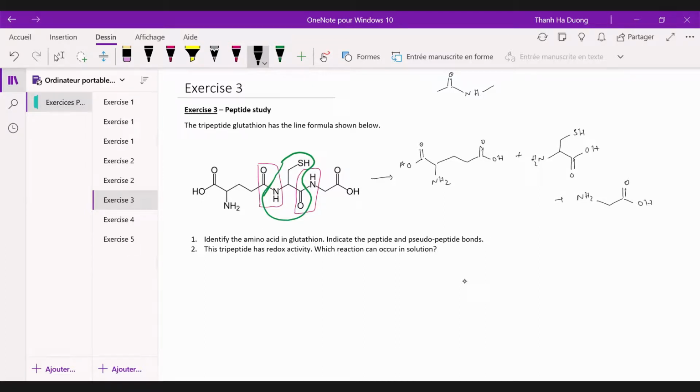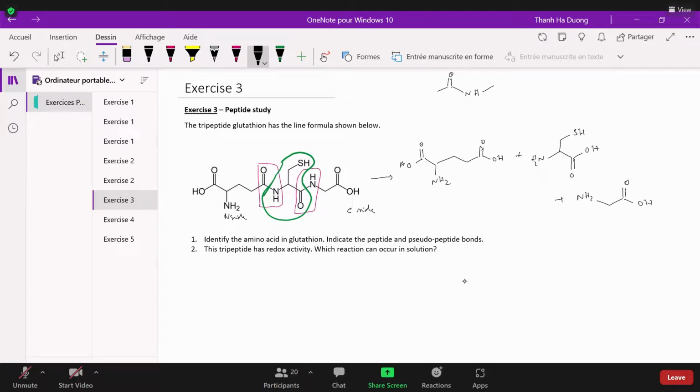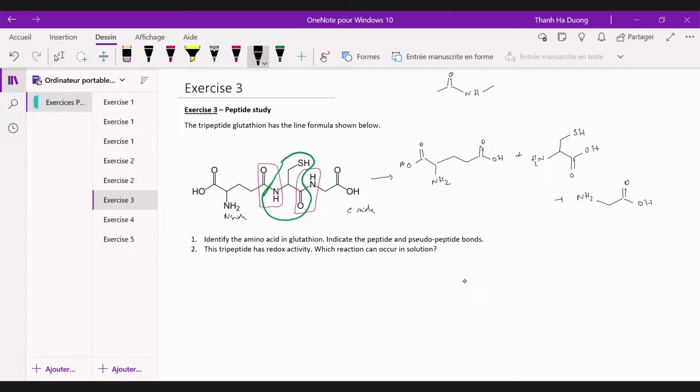So you see that we start with the N side of the peptide, so it's this side. And here you have the C side. This is the convention: you always write a peptide from the N side to the C side.